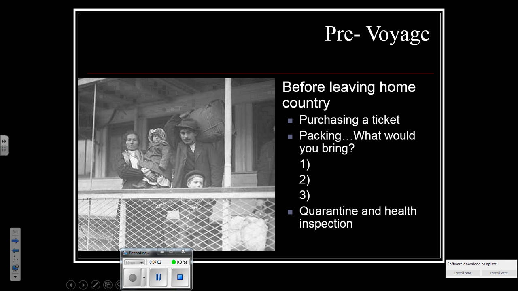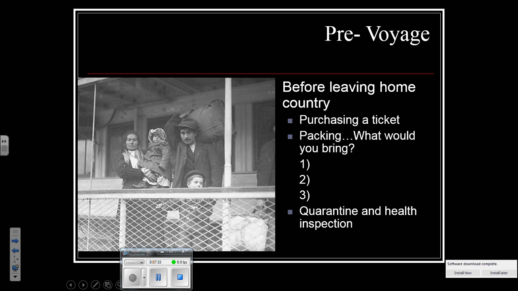Any other ideas? Possibly food? Good. Okay. So you said Bible, what else? Firearms, maybe. Okay. Family valuables. Sometimes they brought things that they could sell, like silverware, for example. And then they would sell it for the silver and use that for money when they got here. Okay. Yeah, it's a tough decision, and you're going to have to make that decision as a team today.